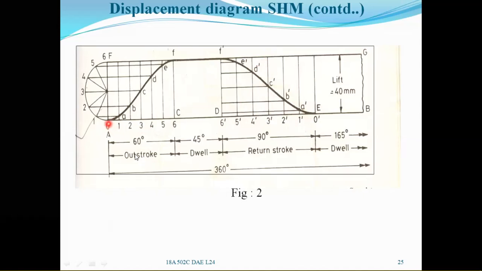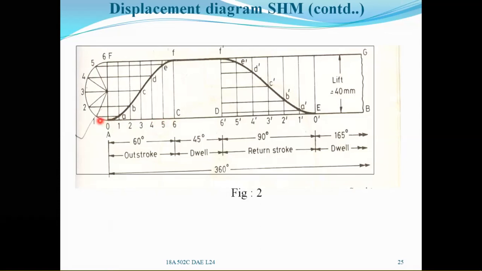At point A or 0, draw a vertical line equal to the lift of the follower, that is 40 mm in this problem. With the middle point of this lift as the center and half of the lift as the radius, that is 20 mm, draw a semicircle and divide this semicircle also into the same number of parts, 6.